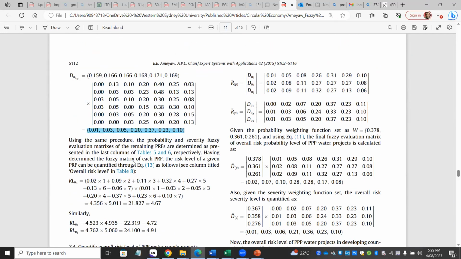Okay, so that's exactly what they have put here. 0.02 times 1 plus 0.09 times 2. So you do the same, then you add.